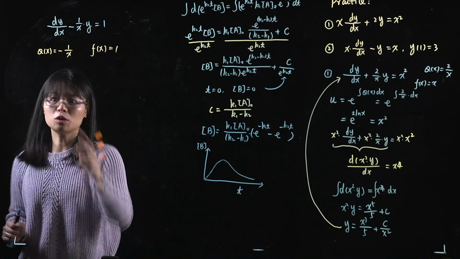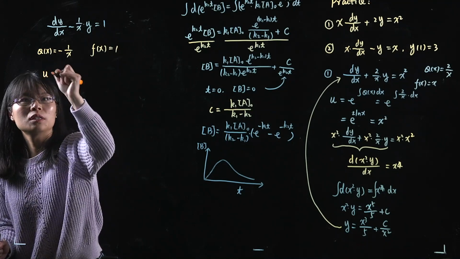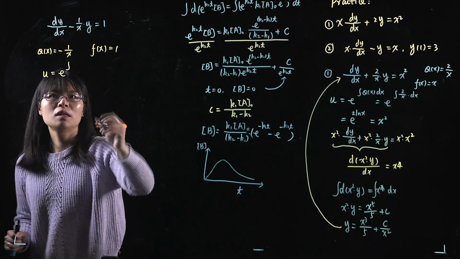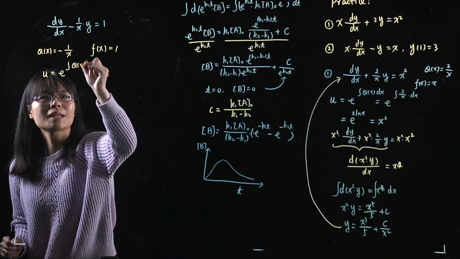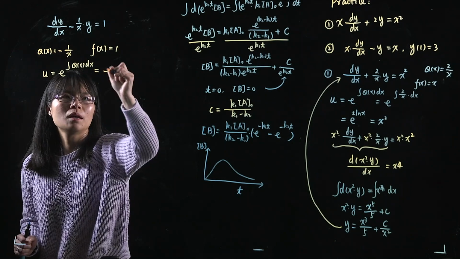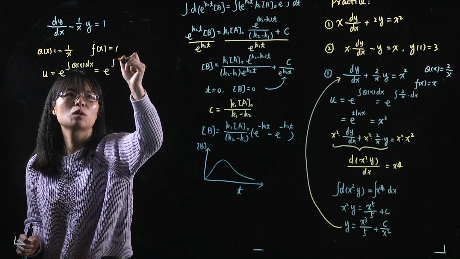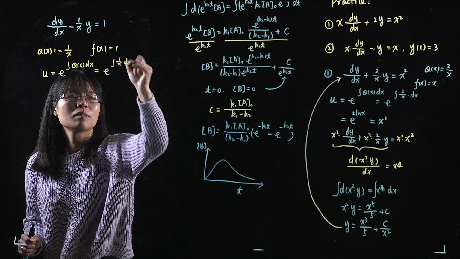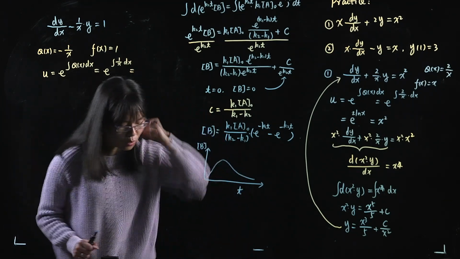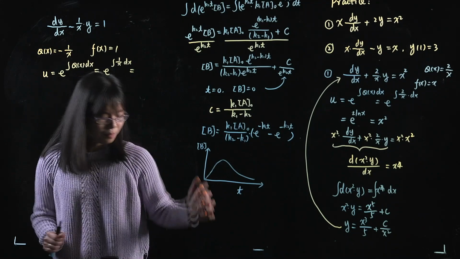And the integration factor u, which is the exponential, and the exponent is the integral of q(x) dx, which will be the exponential of the integral of 1 over x dx. Okay, so this integral you should be quite familiar with.